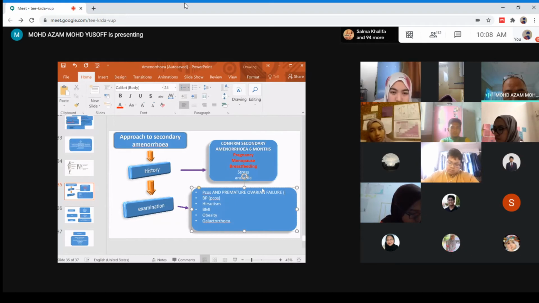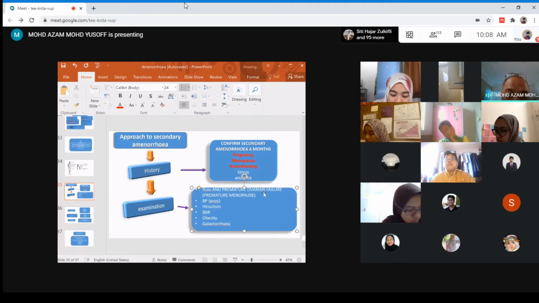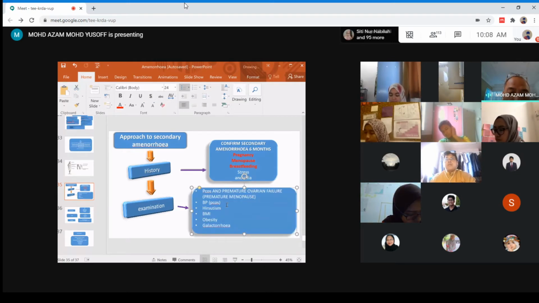Those days we called it premature menopause, but nowadays people don't call it premature menopause. PCOS and premature ovarian failure.